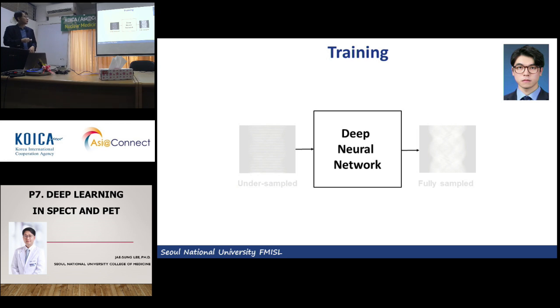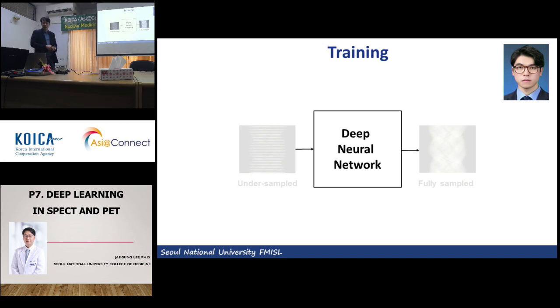What we have tried to do was recover this fully sampled data from this undersampled data, using super resolution deep learning networks. The deep learning network was trained to produce this fully sampled data once this undersampled data is given to the network.